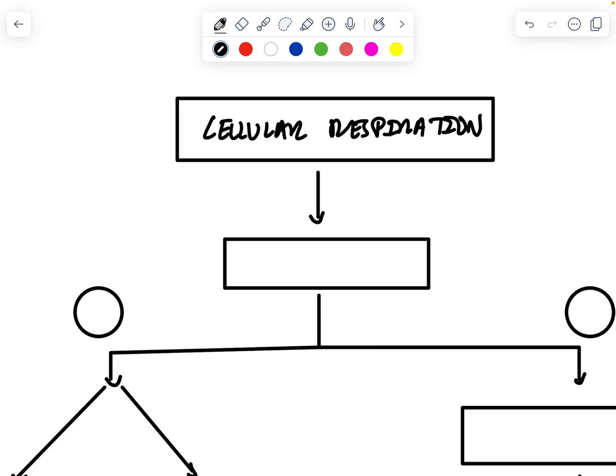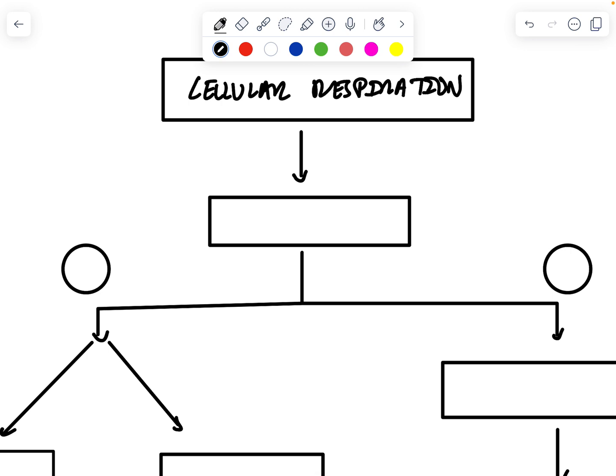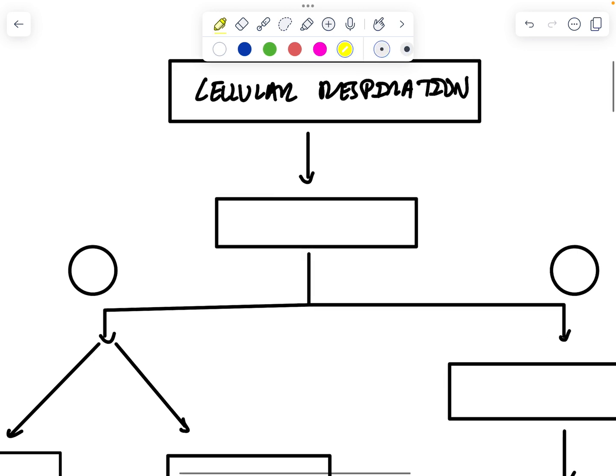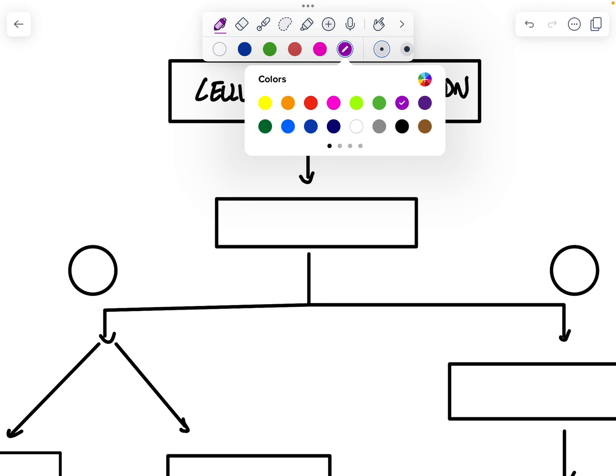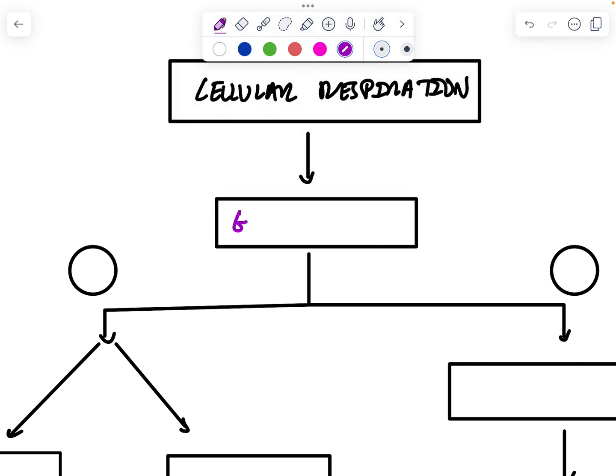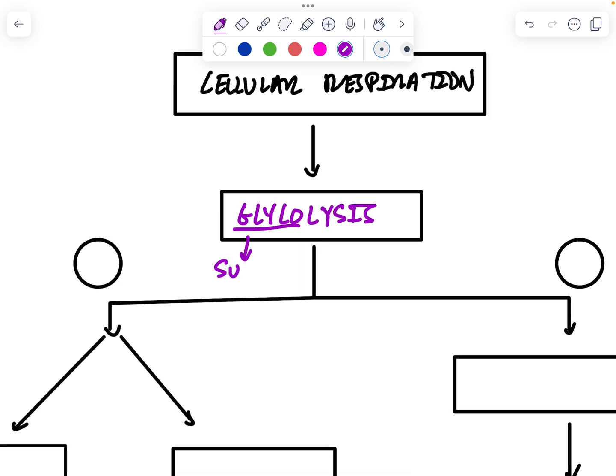It starts with the process called glycolysis. Glyco meaning sugar, and lysis meaning to break or split. So glycolysis splits sugar.